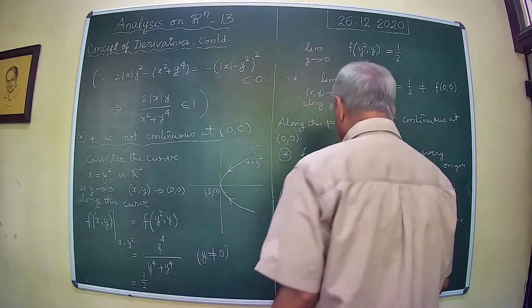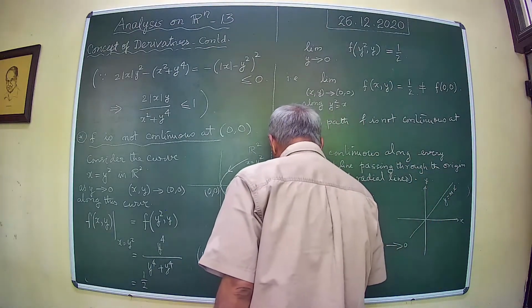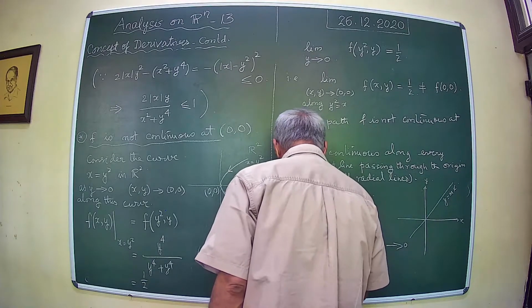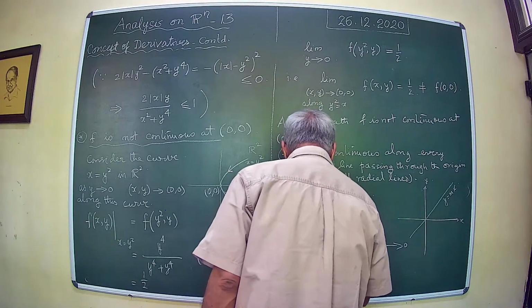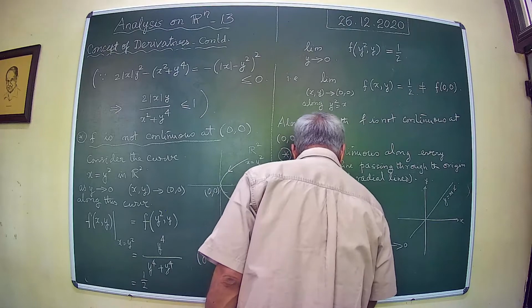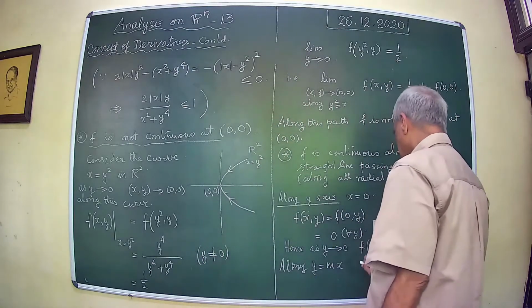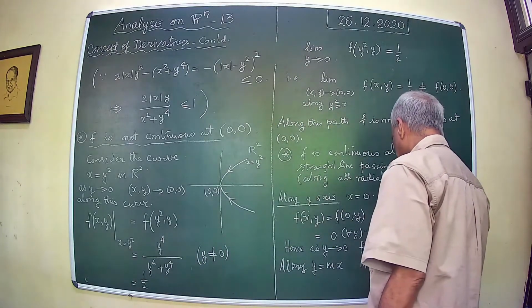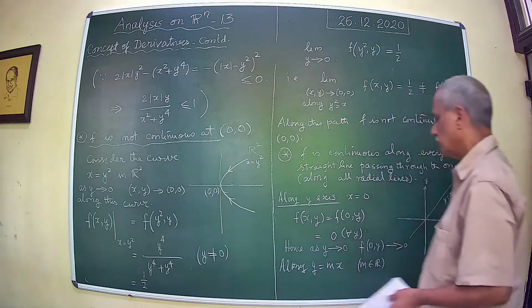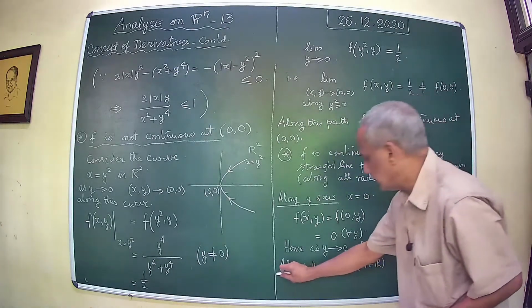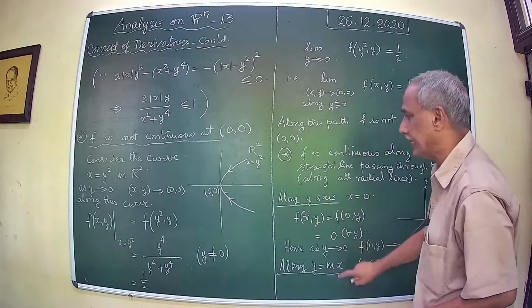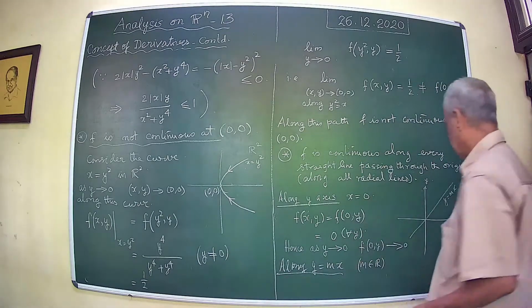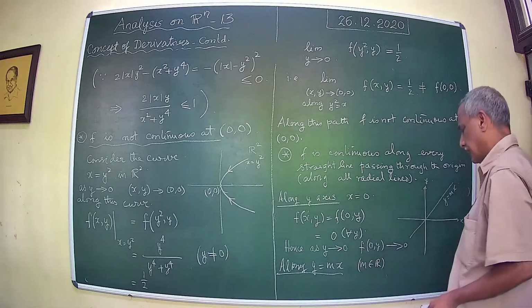Now let us take y equal to mx. So this together takes care of all the lines. So this is a general line.